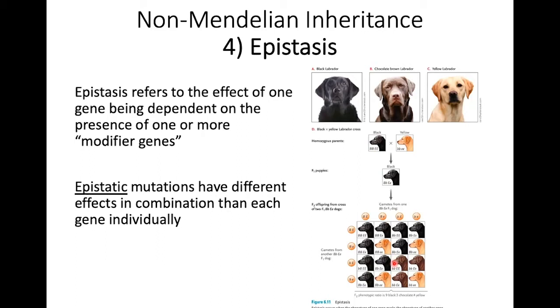Now that we've established that, you then need to take a look at the modifier gene. If the modifier is in its homozygous recessive state, it will then shut off the other genotype for fur color. And so anytime you see a homozygous recessive modifier gene, that is going to shut off the production of fur pigment.